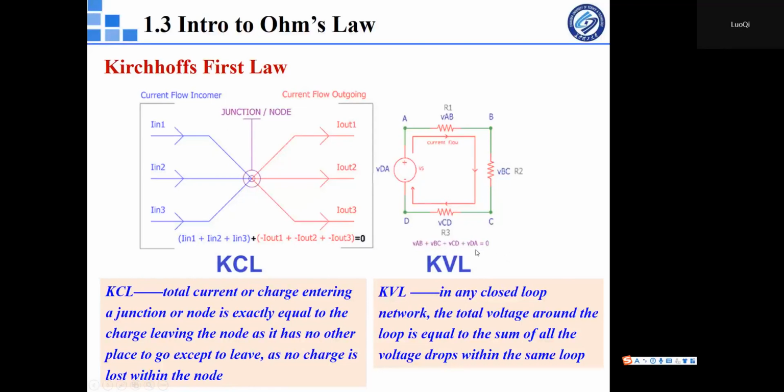So the total voltage around the loop is equal to the sum of the voltage drops within the same loop. Okay.